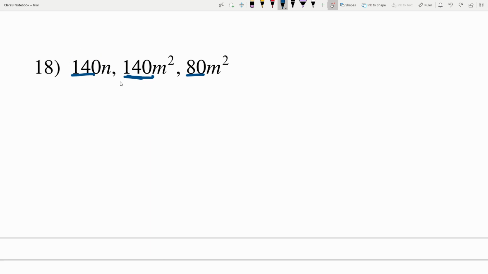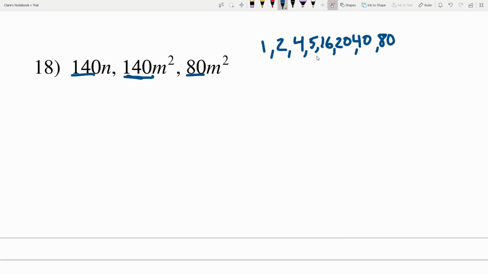So thinking about those factors of 80, that would be 1 and 80, 2 and 40. 3 does not divide 80, 4 does. That would be 4 and 20. 5 divides 80, that would be 5 and 16.